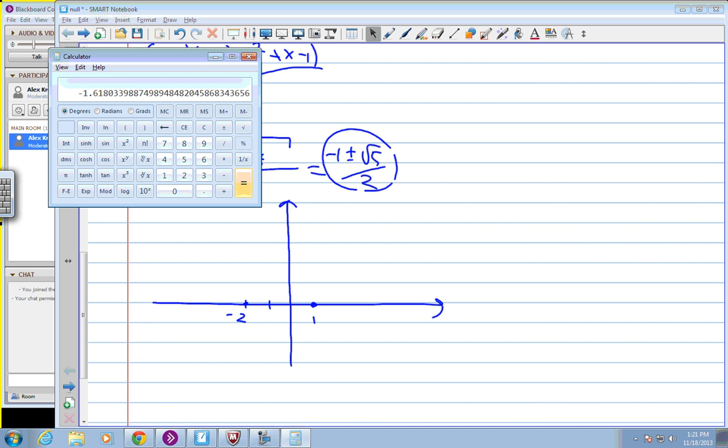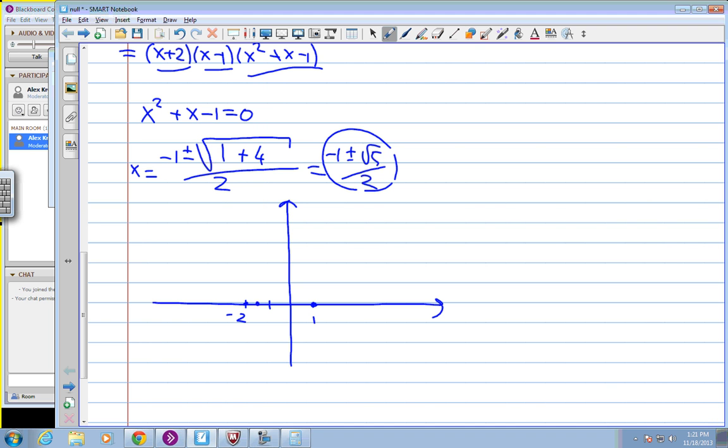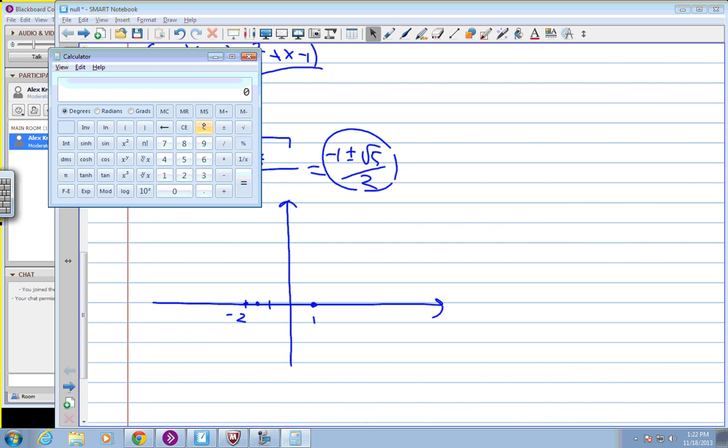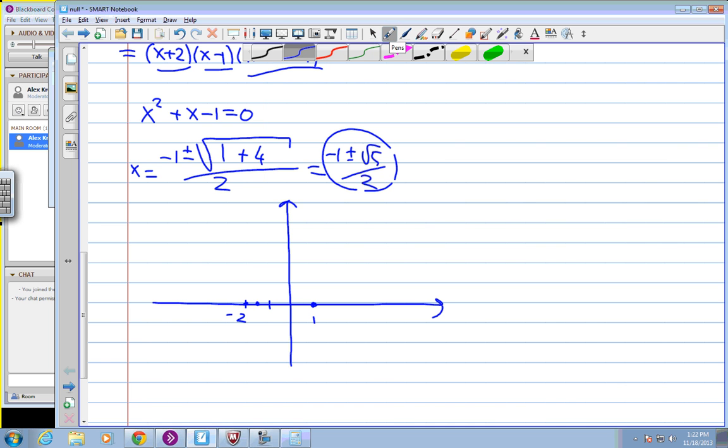So you know you're going to have an intercept somewhere here. And the other number, negative 1 plus the square root of 5 divided by 2, so 0.6-ish. So you have this intercept.